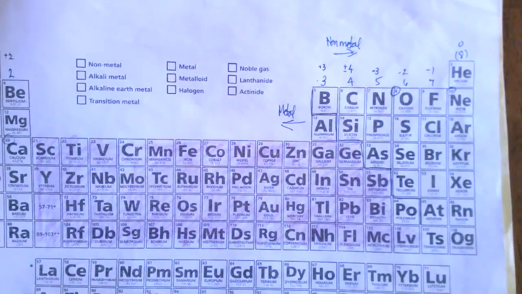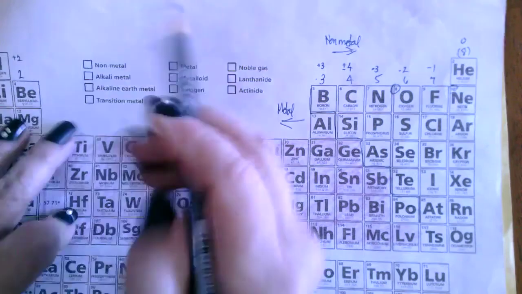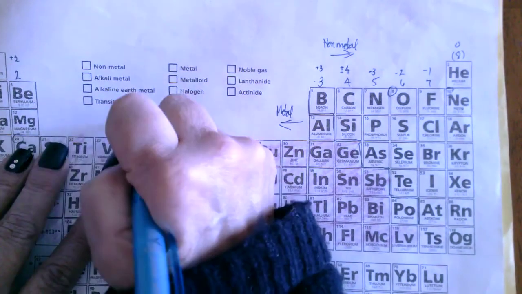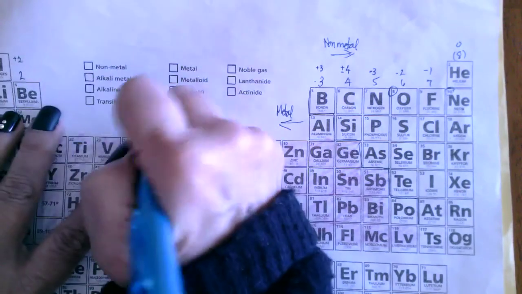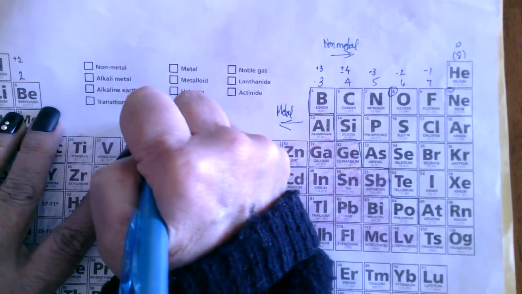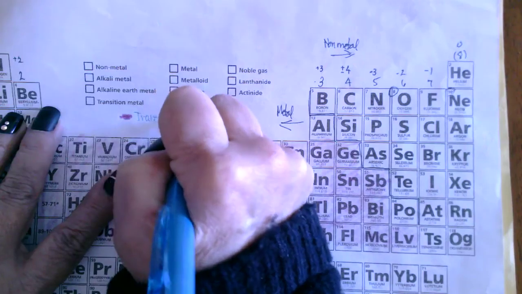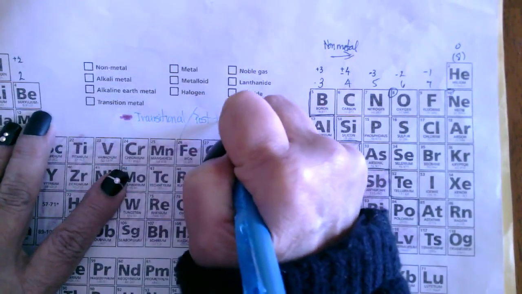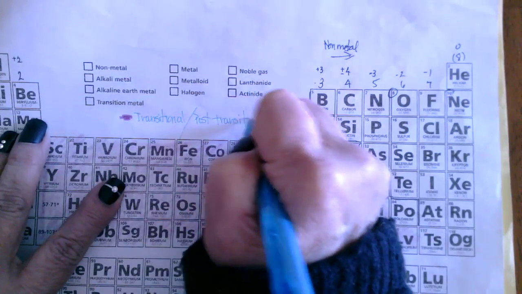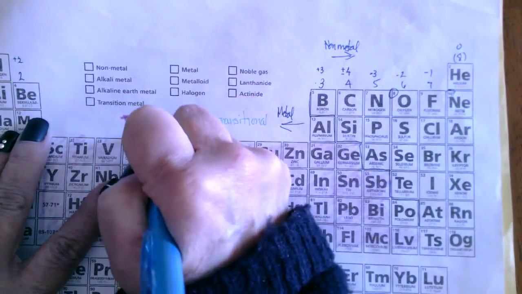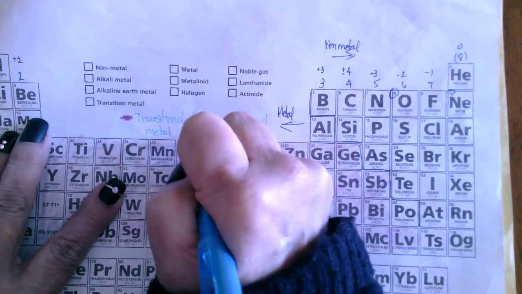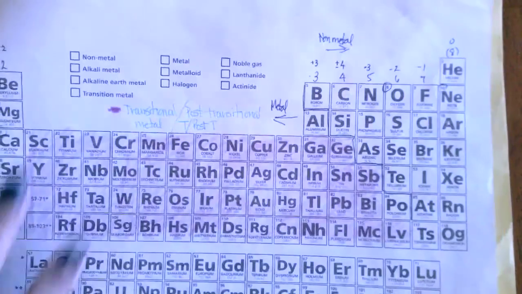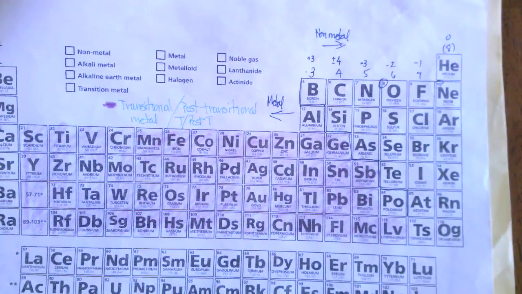So I'm going to put a little key up here that this means that it's transitional or post-transitional metal. And from now on, I'll be using the designation T/post-T. That's a lot easier to write than transitional, post-transitional.